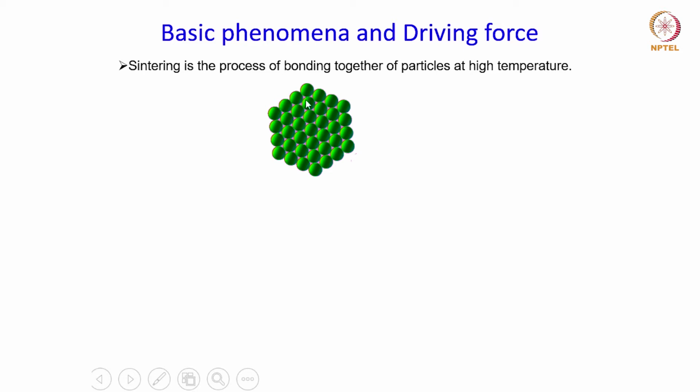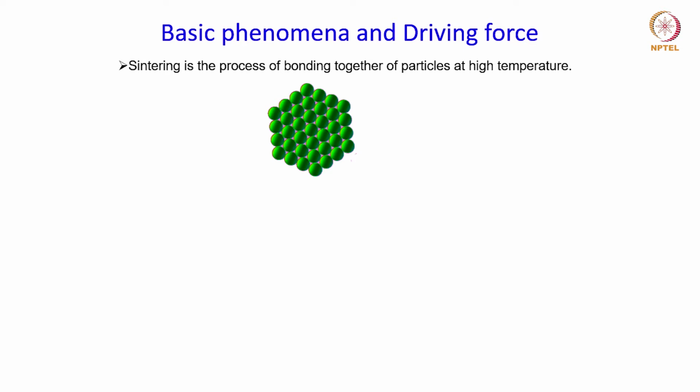Here you can see that after the compaction process, the particle to particle contacts are formed, okay, but still there are pores between the particles, and this is what we have discussed before also. If you remember, we discussed the fractional porosity as it occurs in the green compact and its correlation with the compaction pressure and so on. So these are the pores which are to be closed for the compact to fully densify.